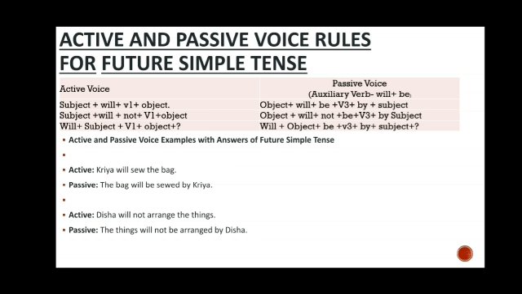Object plus will plus be plus verb third, then by, then subject. Object always comes first in all. Okay? How will you do it? Just see. Priya will sew the bag. The bag will be sewed by Priya. Disha will not arrange the things. The things will not be arranged by Disha.